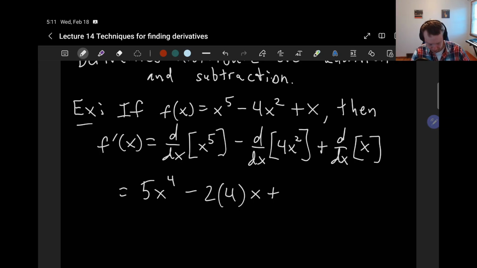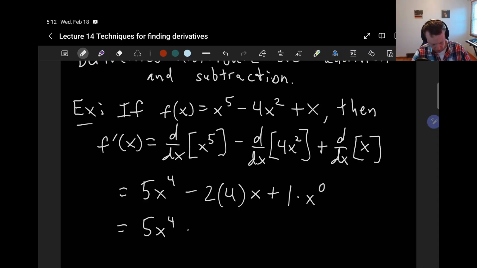Well, x is x to the first again. So think of it as a times 1. It's the old power. X to the 0 is just 1. So the derivative of x is just 1.